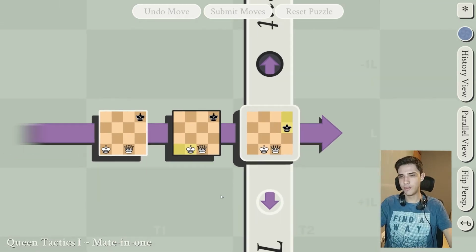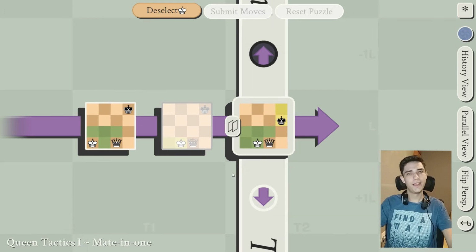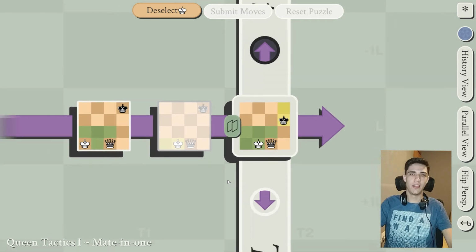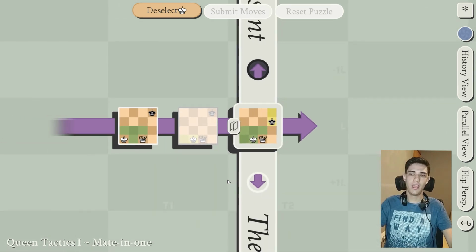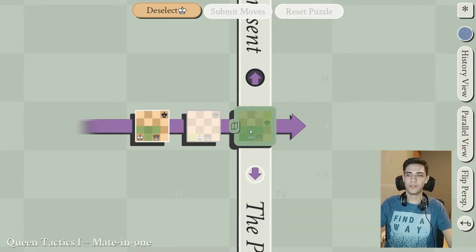So I think now it's a good time to explain how the king movement works too. Basically it's the same thing as the queen, but the king can only travel 1 square far from the current board. So 1 square far to the past, 1 square far to the future, 1 square far through parallel universes.